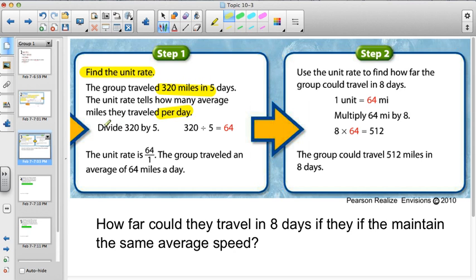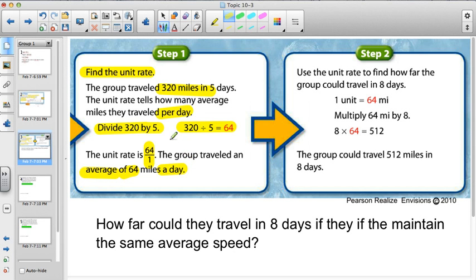In order to do that, we will have to divide the 320 by 5. When you divide 320 by 5, you get 64. So this gives us a unit rate of 64 miles per day. So the group traveled an average of 64 miles each day.